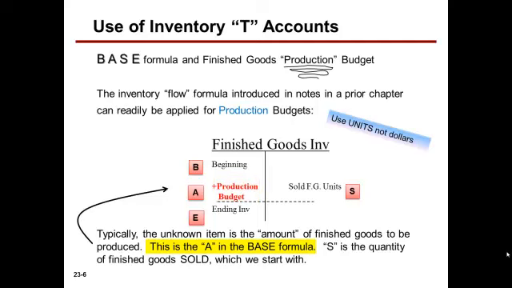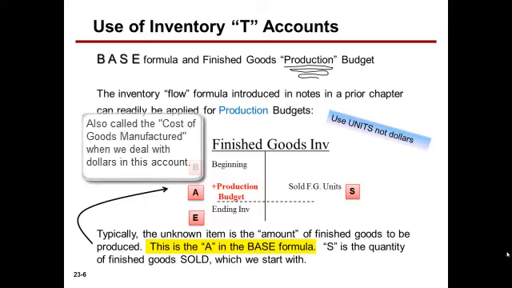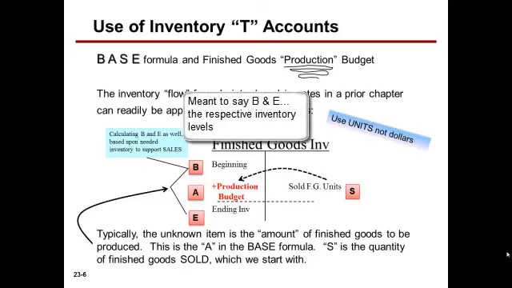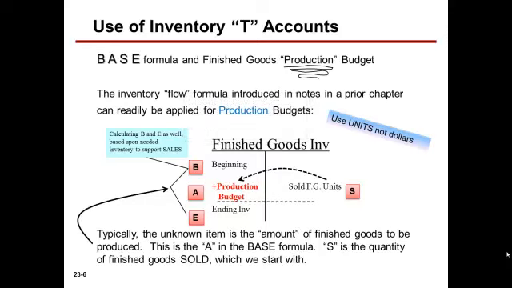The production budget is typically the unknown amount of finished goods to be produced, the A in the base formula. So once we're given sales units, we can back into the production units by also knowing the beginning and ending inventory required in finished goods. So we must calculate both B and A given S to back into A, current production budget in units.